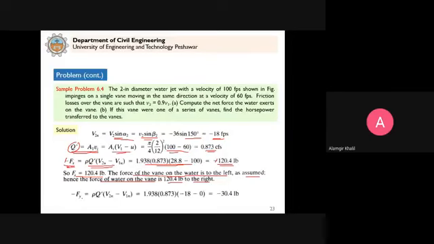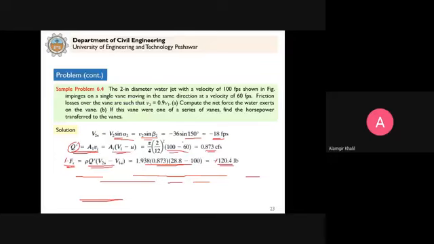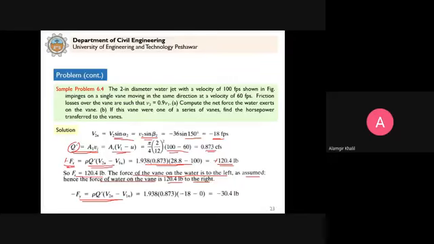Next we consider the vertical axis. So that will be equal to again minus Fy, because this is opposite to the plus y. So in that case we consider minus Fy, no other forces to consider, only this component, rho q dash into change of velocity in the normal direction, in the y direction.